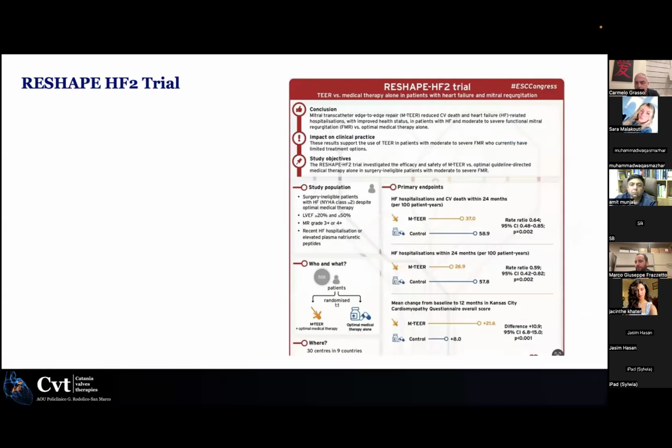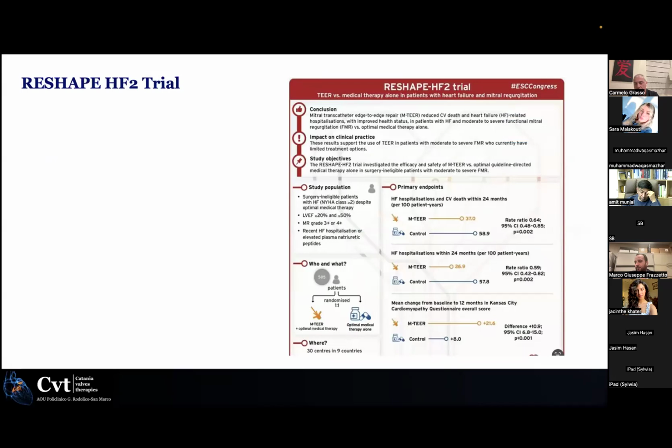As you can see, the primary endpoint shows better results in terms of reduction of heart failure hospitalization and cardiovascular death compared with medical therapy alone. A majority of the events were driven by reduction of heart failure hospitalization.